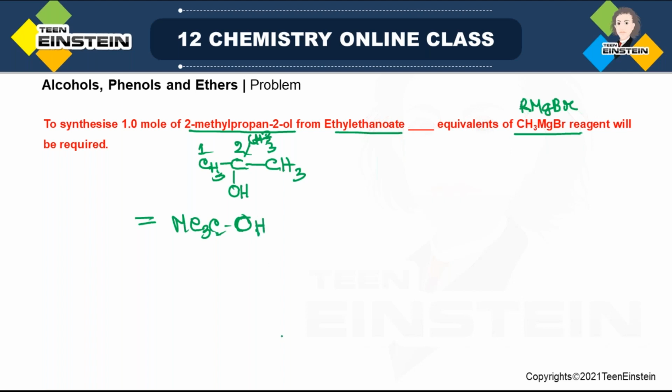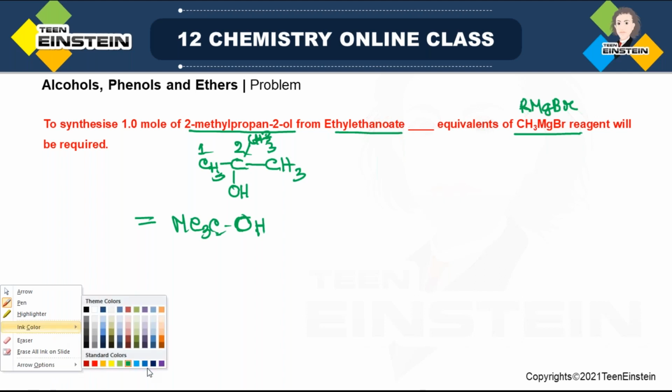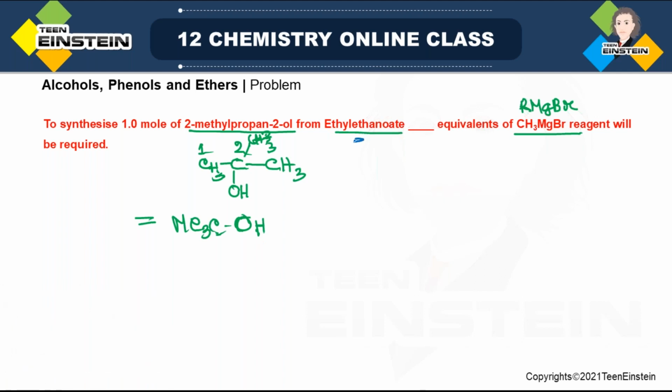So you want to make this, because it is mentioned to synthesize 1 mole of this molecule, from ethyl ethanoate. Now what is ethyl ethanoate? From the name you can understand, this is obviously some ester molecule, right? Now when it is an ester, in general if I write it this way, there are 2 R groups.